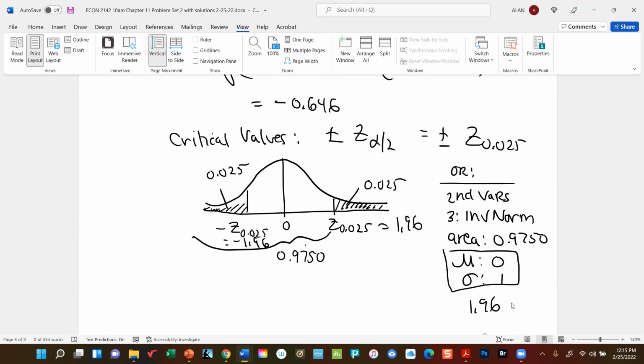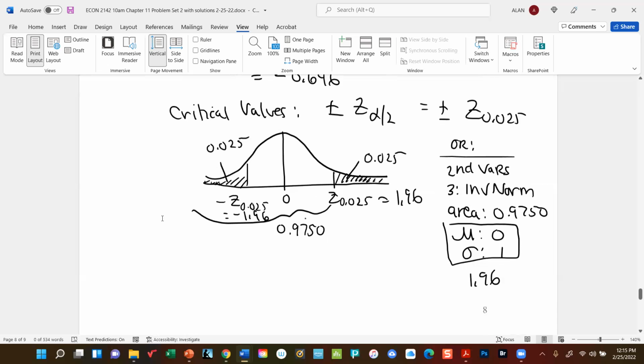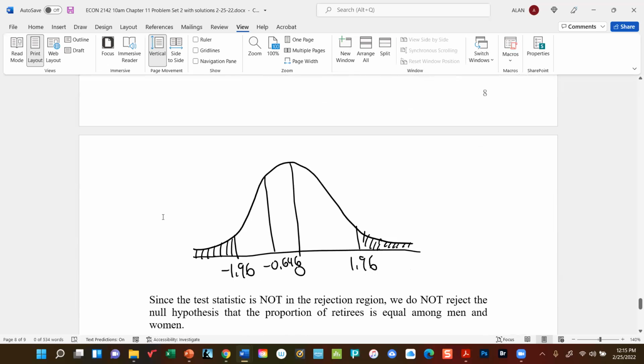But of course, the test statistic is not even close to either one of those. So we're not going to be able to reject the null. So I've drawn that separately down here. Give me a minute to catch up and I'll show it to you. All right.